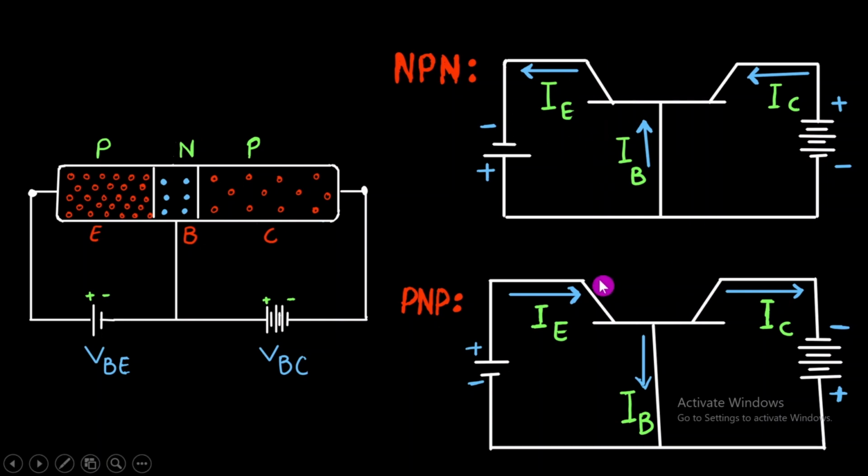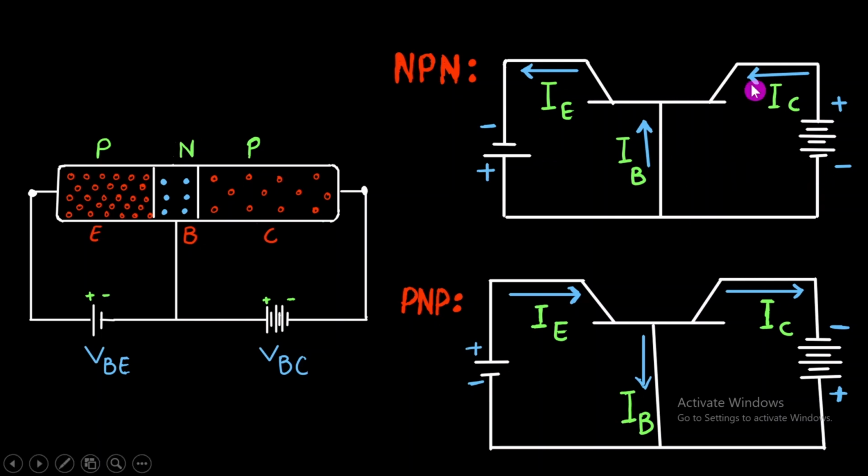So therefore the current is opposite to that of the electron. If the electron is moving in this direction, there we have the conventional current, so this PNP has just the opposite direction to that of the NPN transistor.